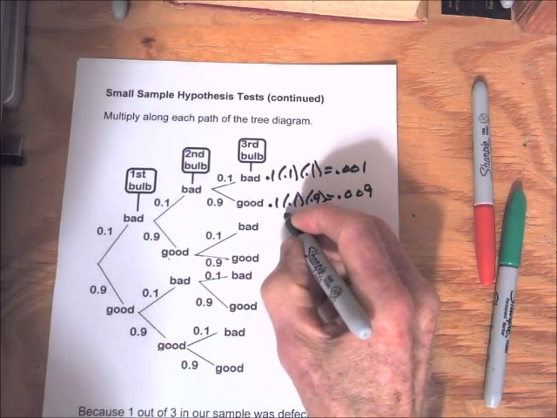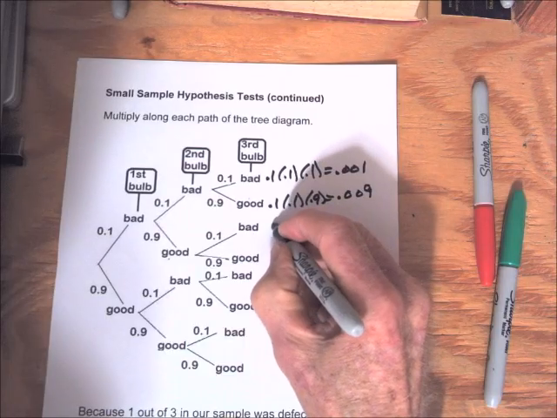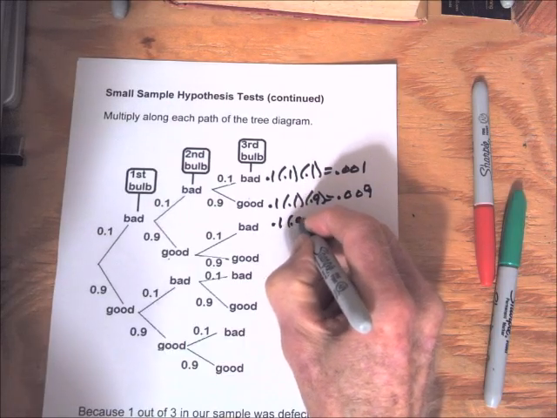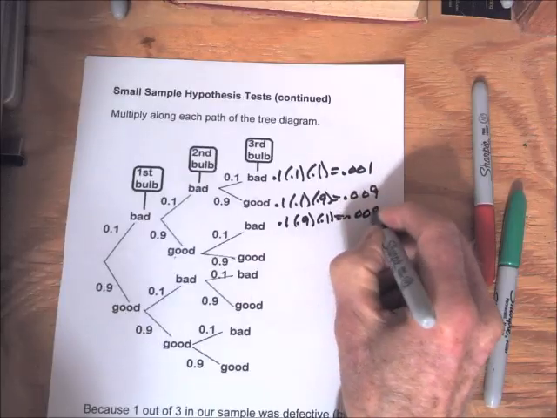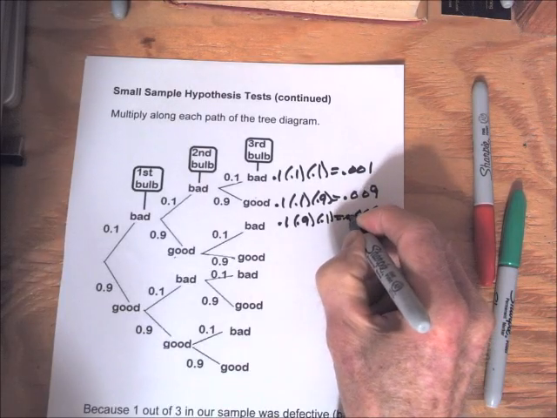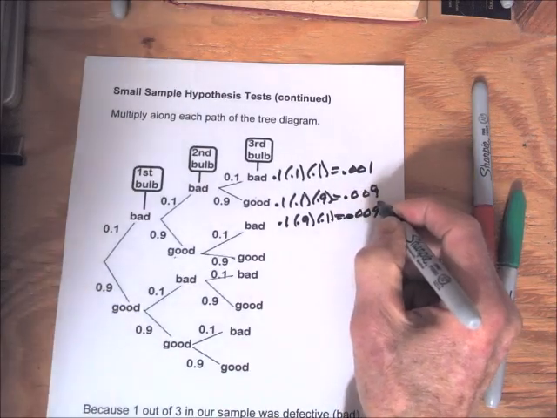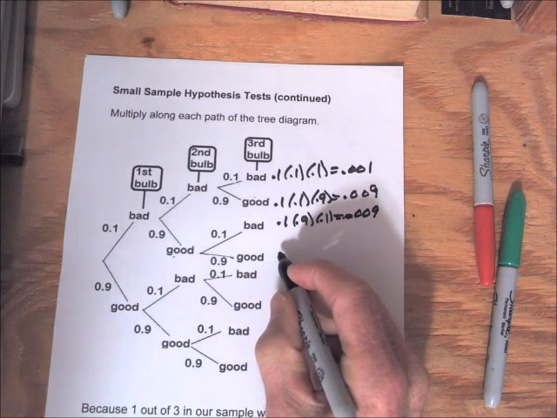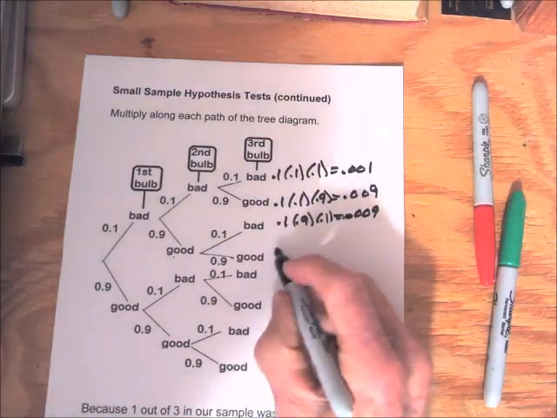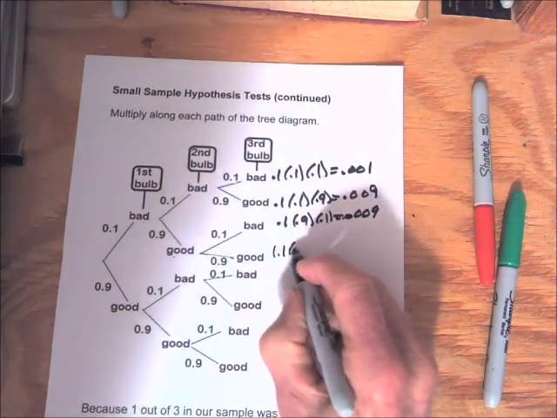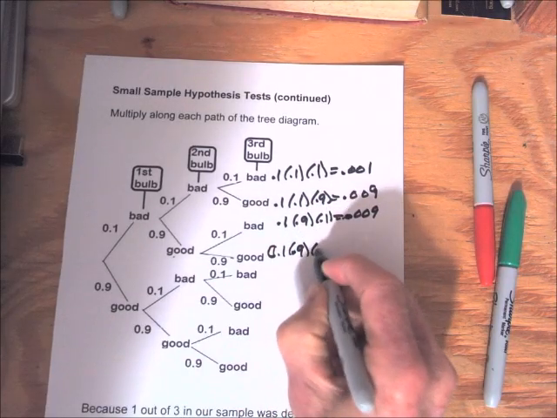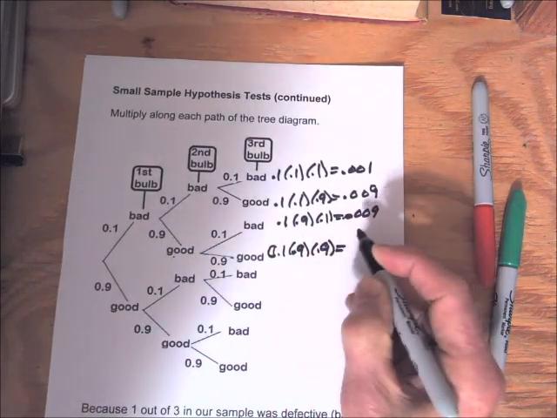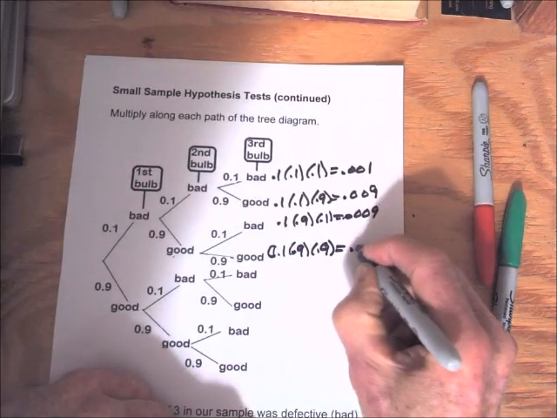We have bad, good, bad, 0.1 times 0.9 times 0.1, 0.009. Bad followed by 2 goods, 0.1 times 0.9 times 0.9, 0.081.